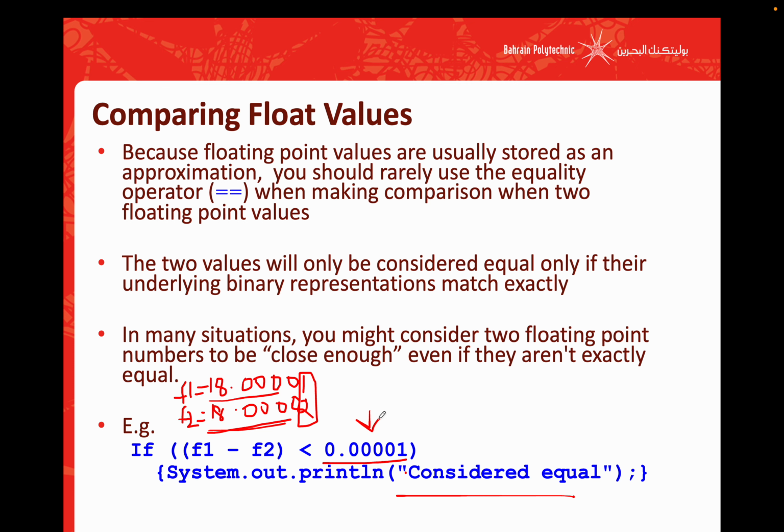So this is just for your information, that if you want to make sure that two floating values are the same and they're only different in the last numbers, you can subtract them, and if the difference is very small, like the number written here, then you can just consider them equal.